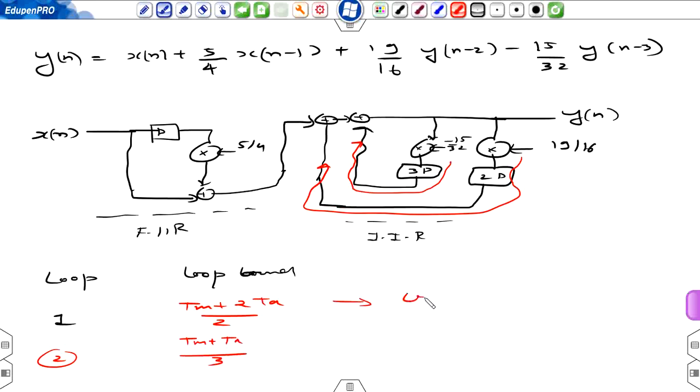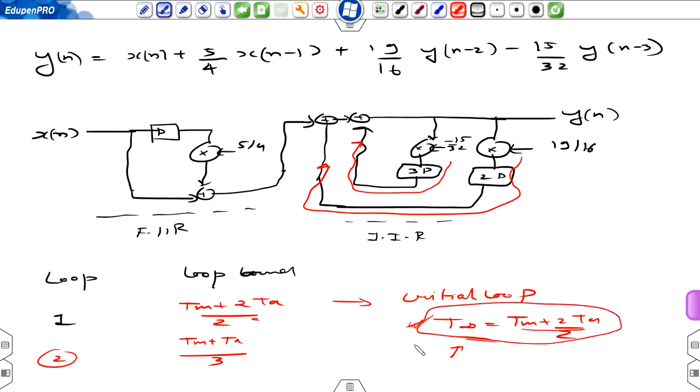So now this is the critical loop, and the iteration bound is Tm plus 2Ta by 2. So this can be pipelined. Now we have an additional amount of delays in the loop, and this is the FIR part, so this can be appropriately pipelined to decrease the sampling period up to this amount. I am not getting into how the sampling period will be equal to Tm plus 2Ta by 2. This can be easily done by retiming and pipelining the FIR and IIR parts respectively.